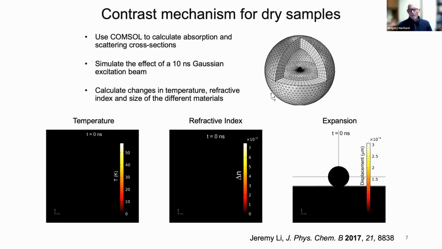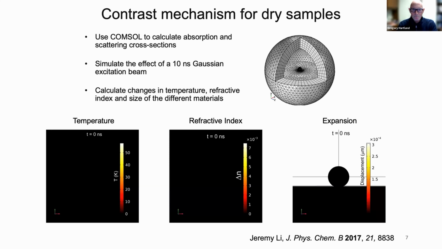Okay, so we worried a little bit about how the signal arises, and to address that, we did some simulations. These initial simulations were fully coupled. We calculated the absorption of the bead, the heat dissipation of the bead into the environment, and then calculated the change in scattering cross-section for the visible probe laser.